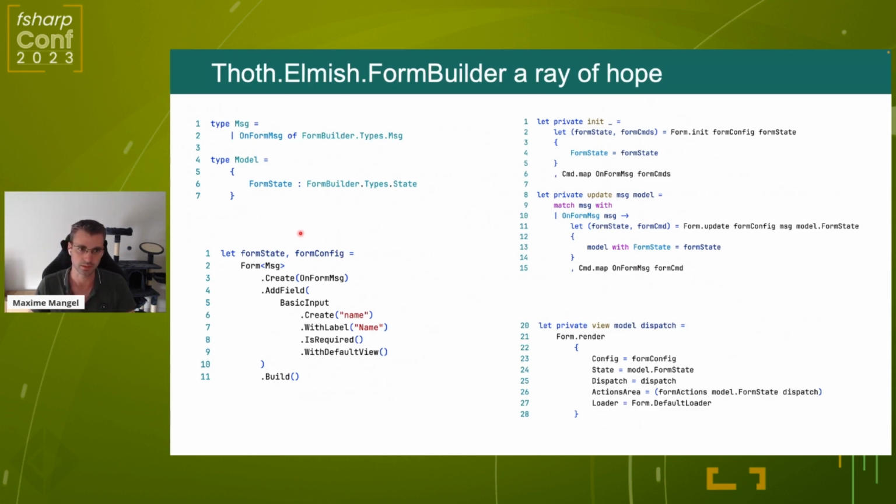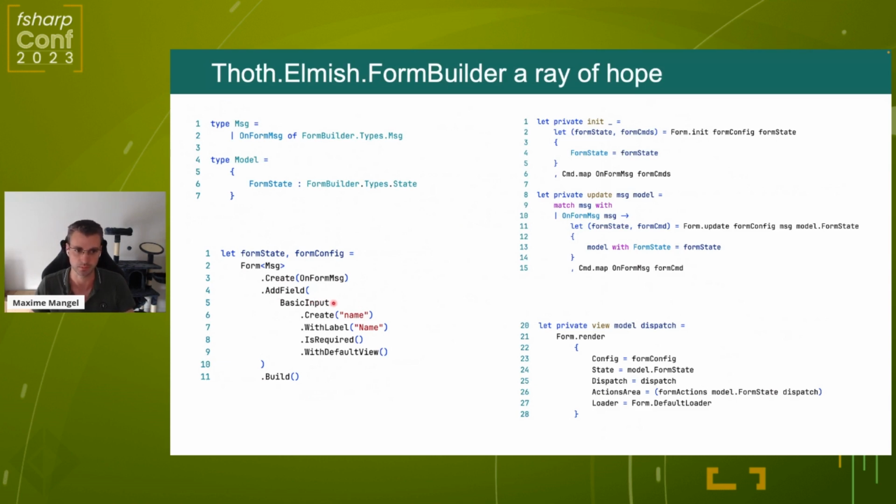The other addition that Elmish.Forms builder gave us was the fact that you can define your forms outside of your view. And this is what we see at the bottom here. So we create a form which is going to use the OnForm message, and to add a field we call the addField function, to which we provide some field information.